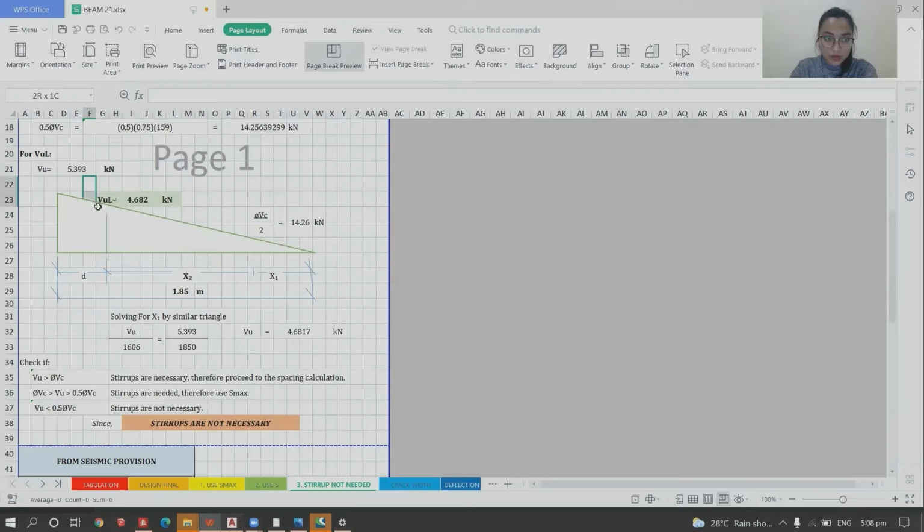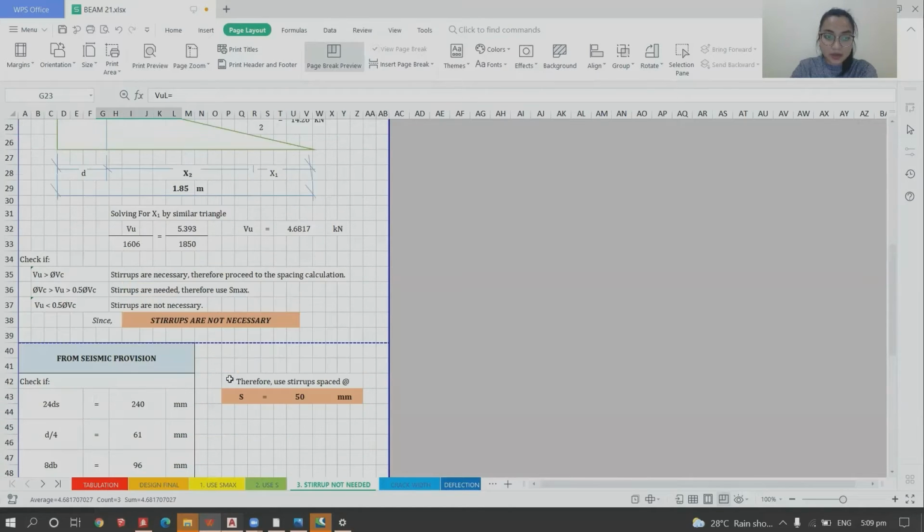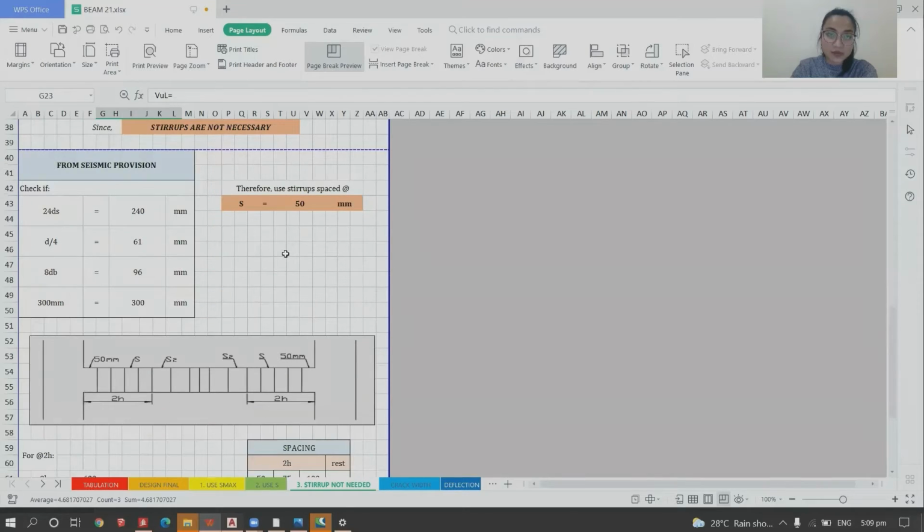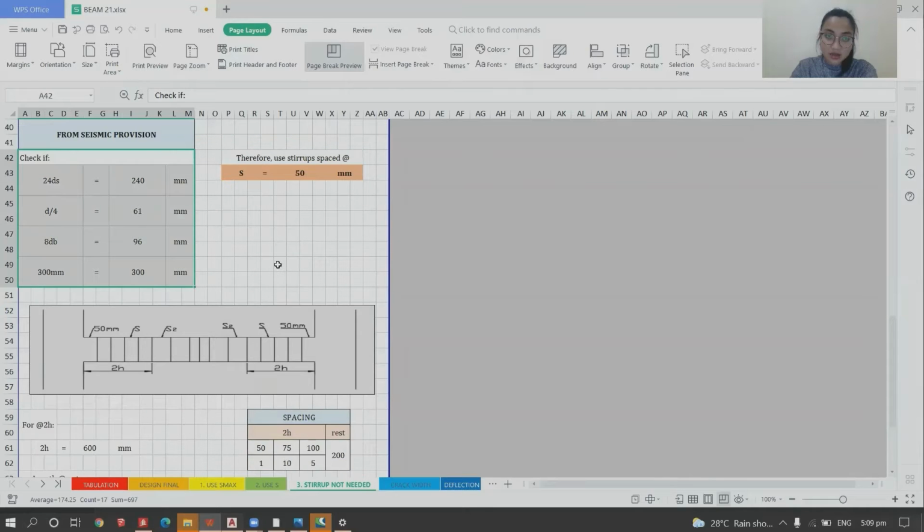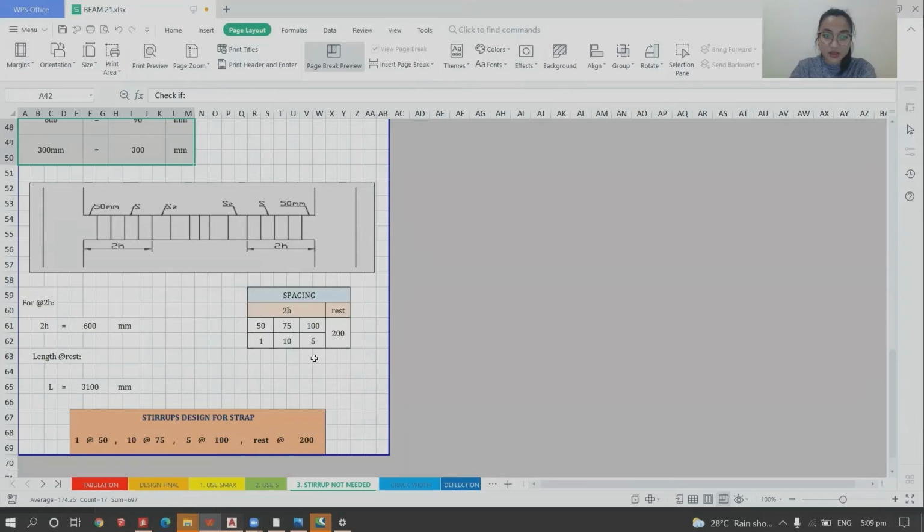So that is the value, obtained by similar triangle. So under seismic provisions, we can get the spacing of the stirrups. Therefore, the final design for stirrups is 1 at 50, 10 at 75, 5 at 100, and the rest at 200 mm.